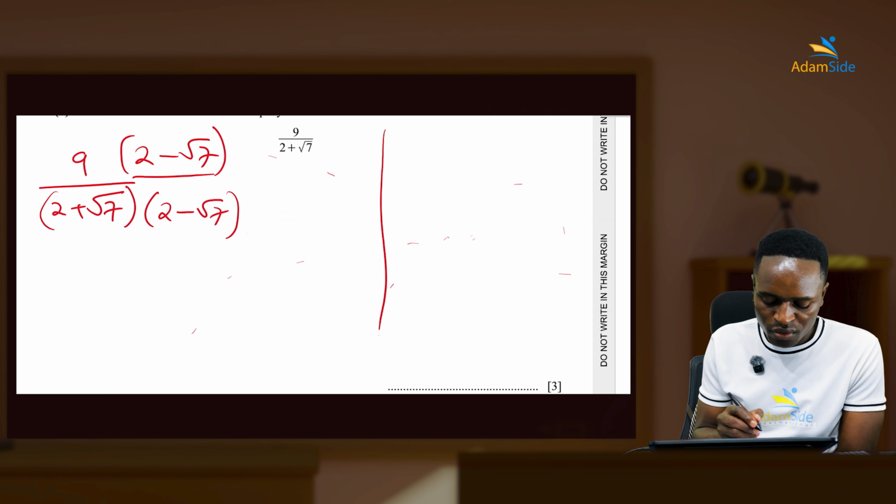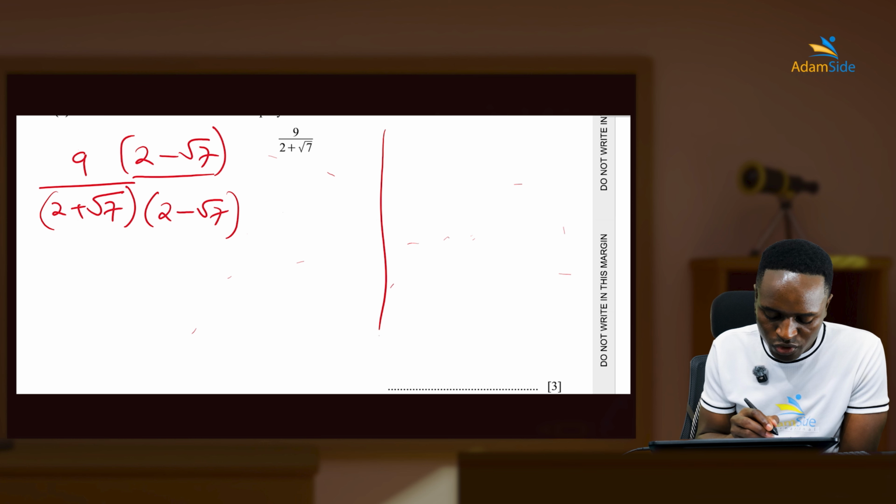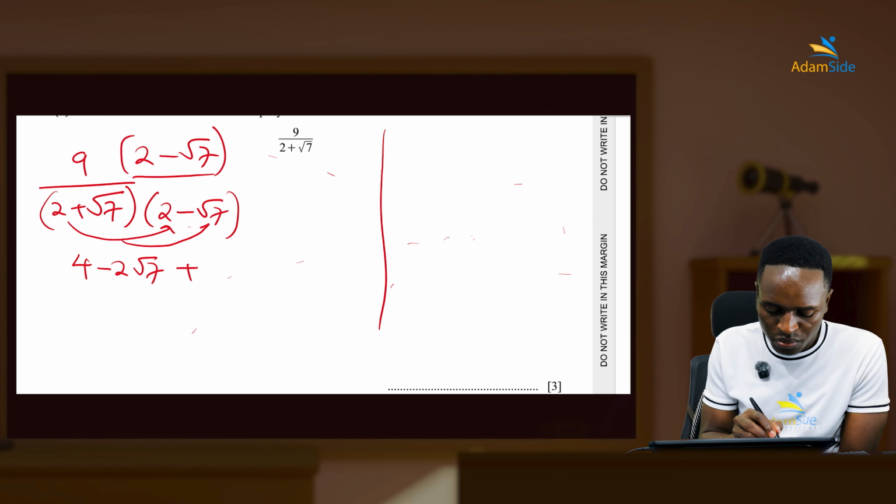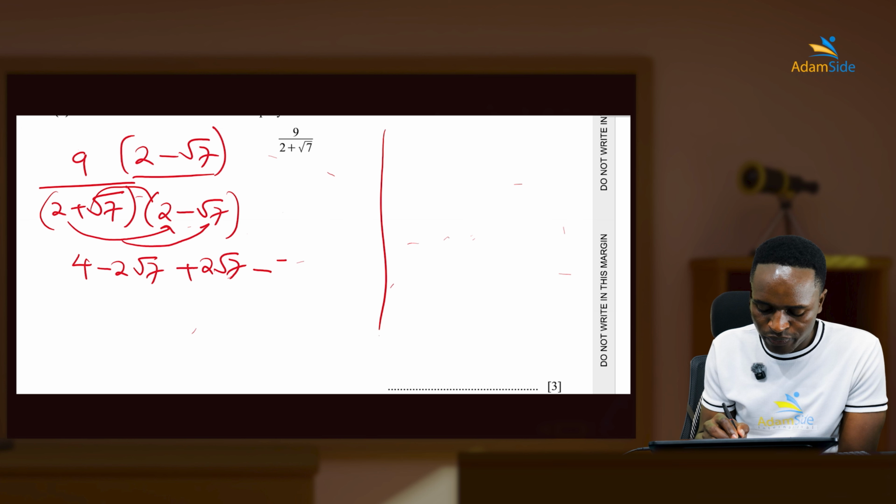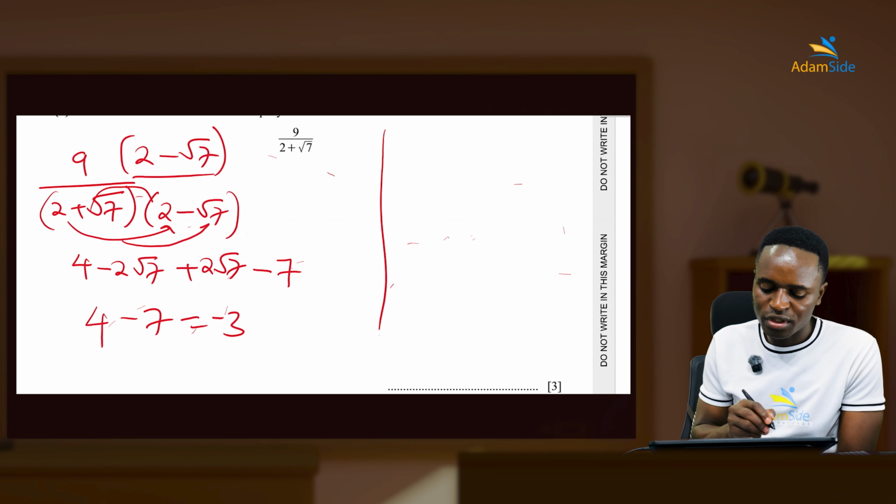If you do that, 2 times 2, you get 4. 2 times negative root 7, you get minus 2 root 7. Then multiply this, plus 2 root 7. Then root 7 times negative root 7 is minus 7. So this is 0, negative 2 root 7 plus 2 root 7 is 0. Then 4 minus 7, you get minus 3 on the denominator.